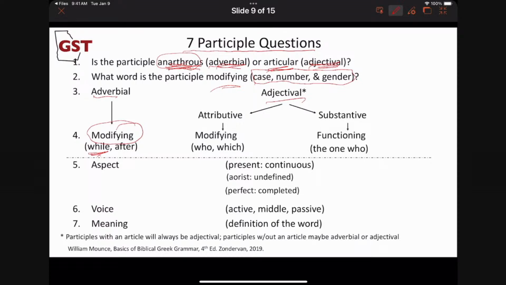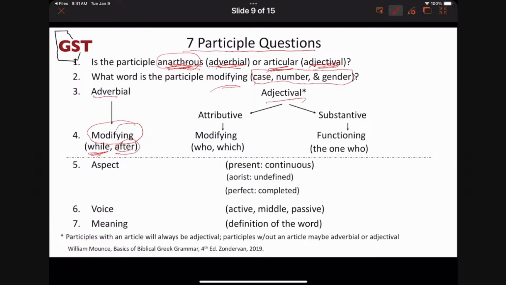That would be associated with the main verb at the same time. But if it's more aorist tense, it's going to be more perfective, undefined, but it's time related to the verb. The main verb will be more like, after Jake was looking at his phone, Sam did something else, kind of thing.